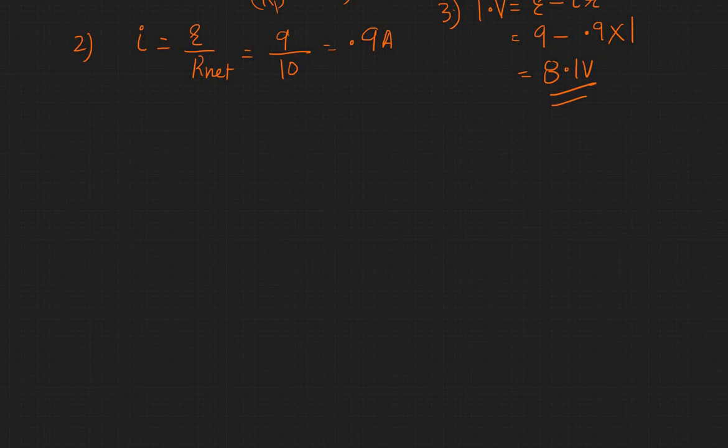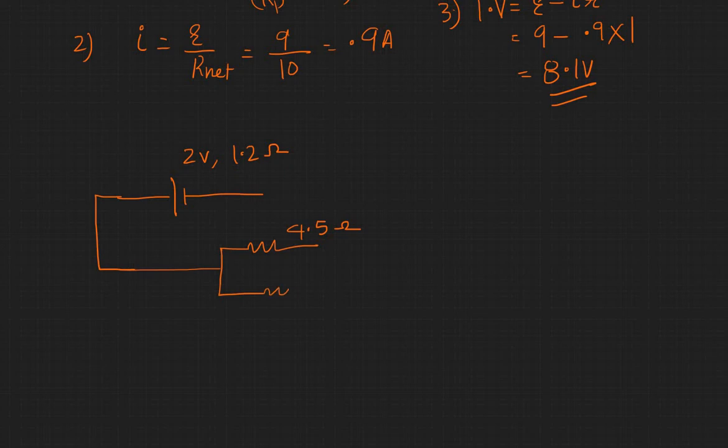So you have a case wherein you have a battery which is 2 volts and 1.2 ohms. You have parallel resistors here which are 4.5 ohm and 9 ohm, and also you have another resistor here which is 0.8 ohms.